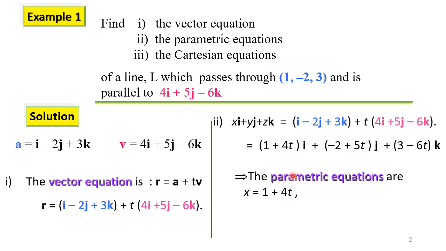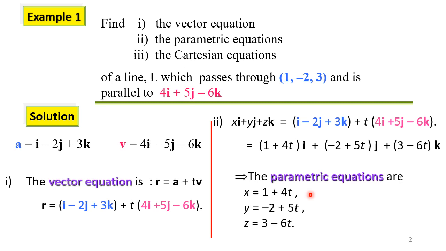For y, the left hand side is y and the right hand side is -2 + 5t. Lastly for z, we get z = 3 - 6t. This is how we find the parametric equation.